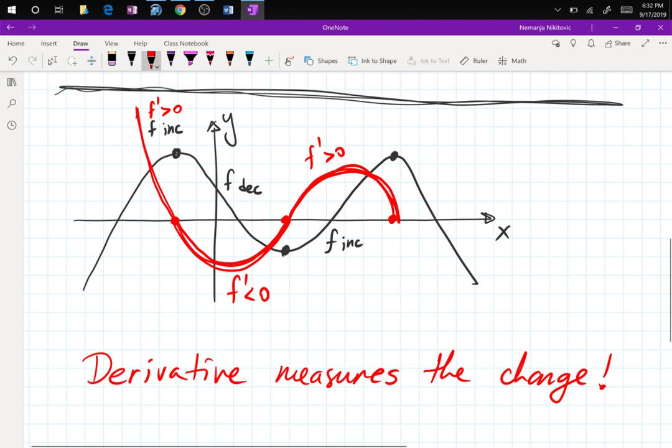And finally, the black line is decreasing, and the derivative will be negative. So f prime less than 0 because f is decreasing. And now, for the moment, I am going to delete the black line and then, by the magic of the undo button, bring it back from the dead.